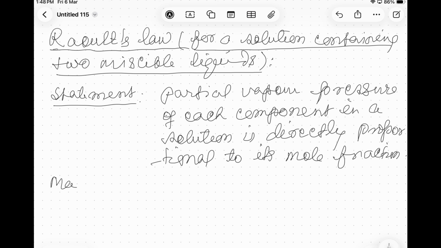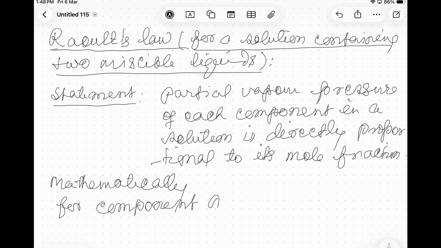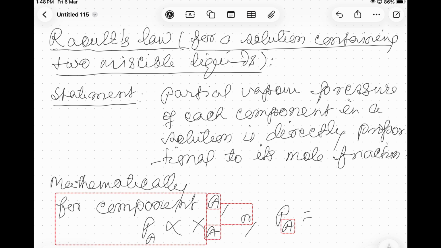Mathematically, for component A, PA is directly proportional to XA, or PA is equal to PA naught XA.